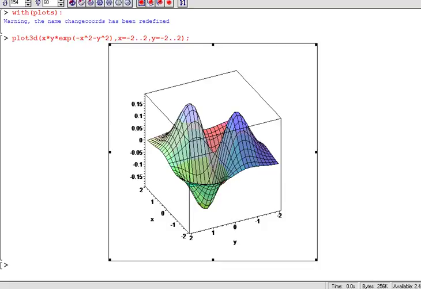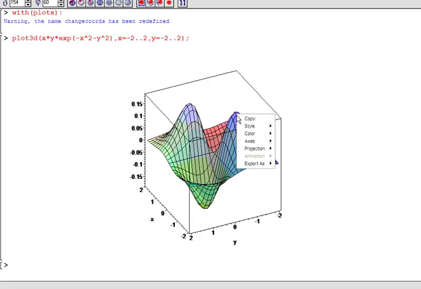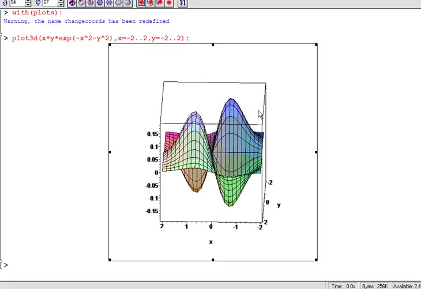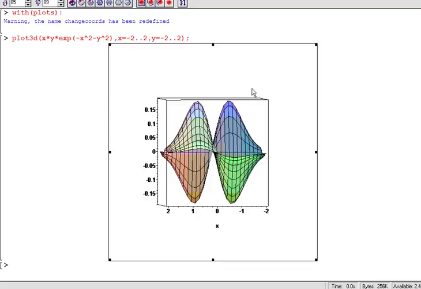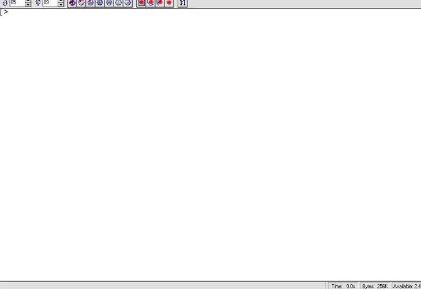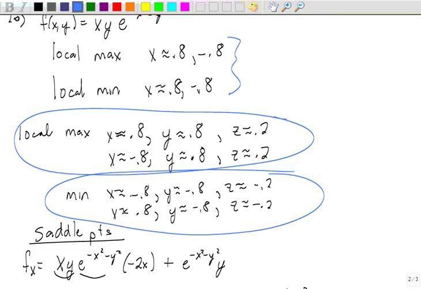Our maxes were at, okay, right here. That's where y is negative 0.8 and, let me see, x is negative 0.8. Okay, I think I wrote this down wrong. This should have been negative. I have those signs wrong up there.